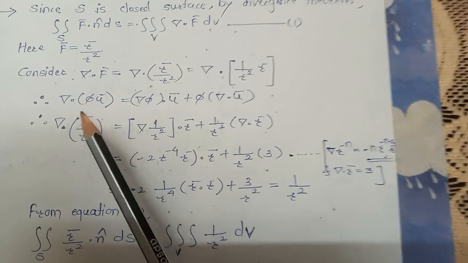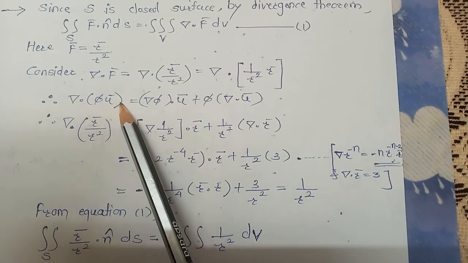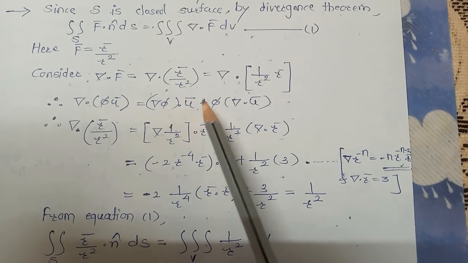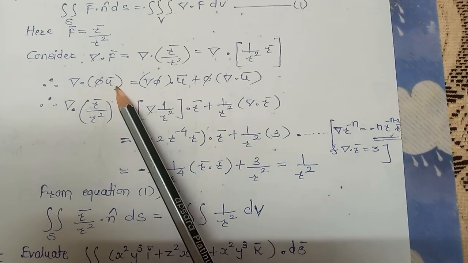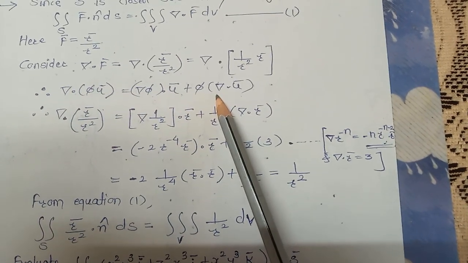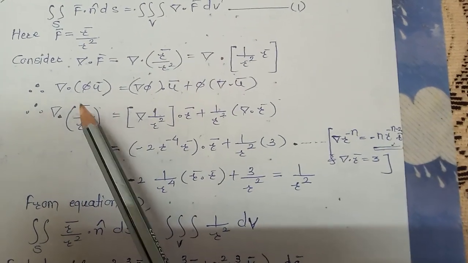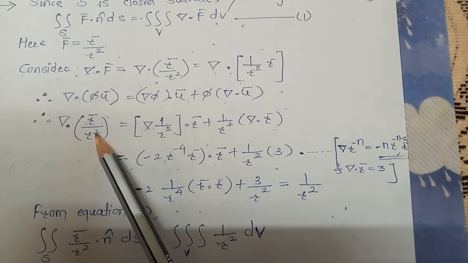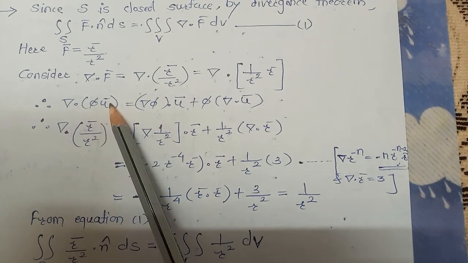Now we know the vector identity del dot phi u bar is del phi dot u bar plus phi del dot u bar, where phi is a scalar function and u bar is a vector function. We can easily observe that here 1 by r square, that is r raised to minus 2, is phi and r bar is u bar.